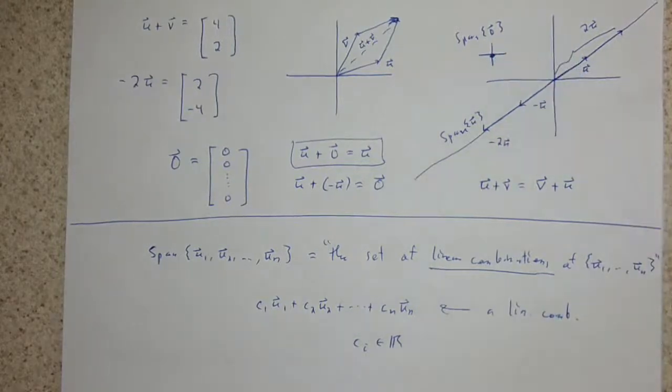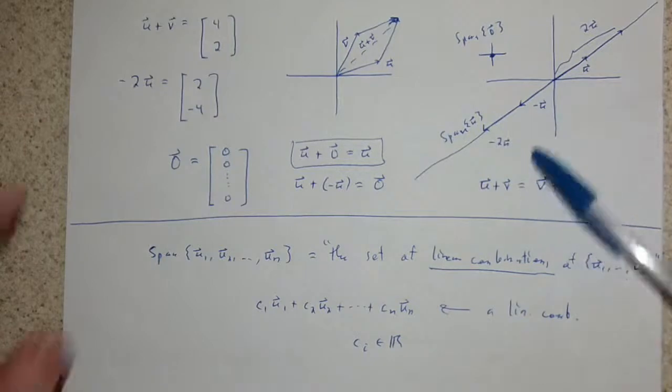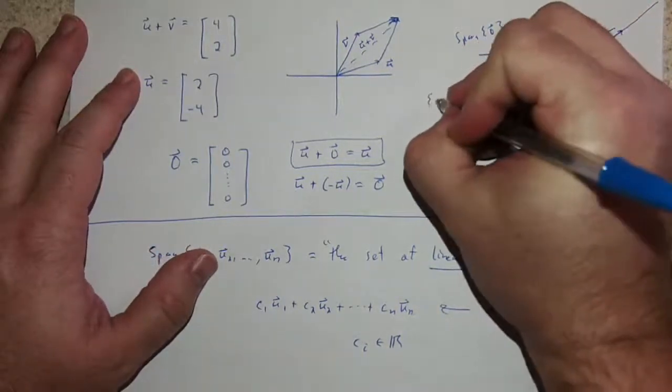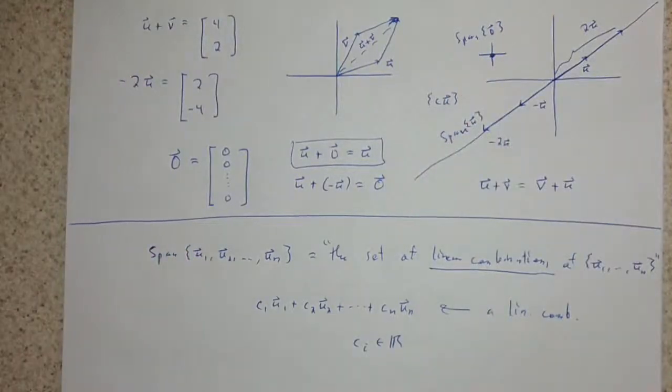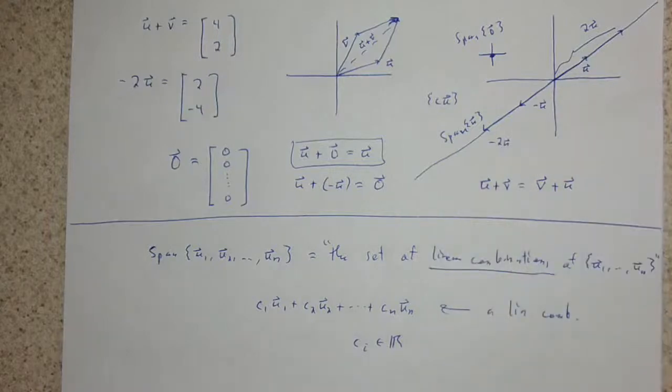But here, the span of u is the set of linear combinations of a single vector u. So it's the set of things that look like cu for every choice of c. So I get the entire line here, right?